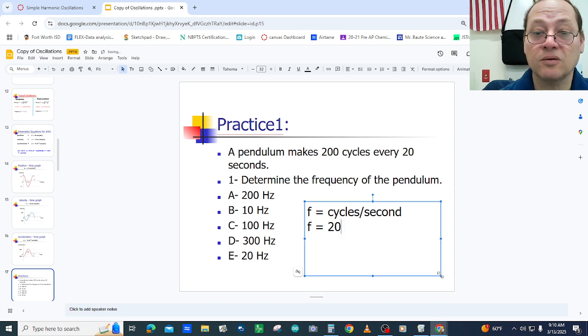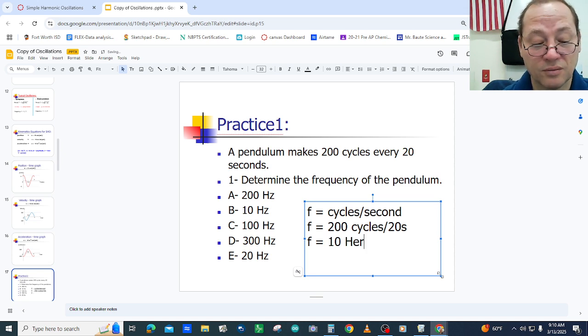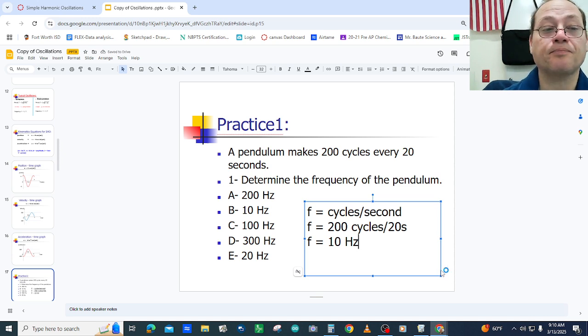So it's going to be 200 cycles divided by 20 seconds. That is 10 hertz. Or you can write it down Hz, 10 hertz. That's the frequency.